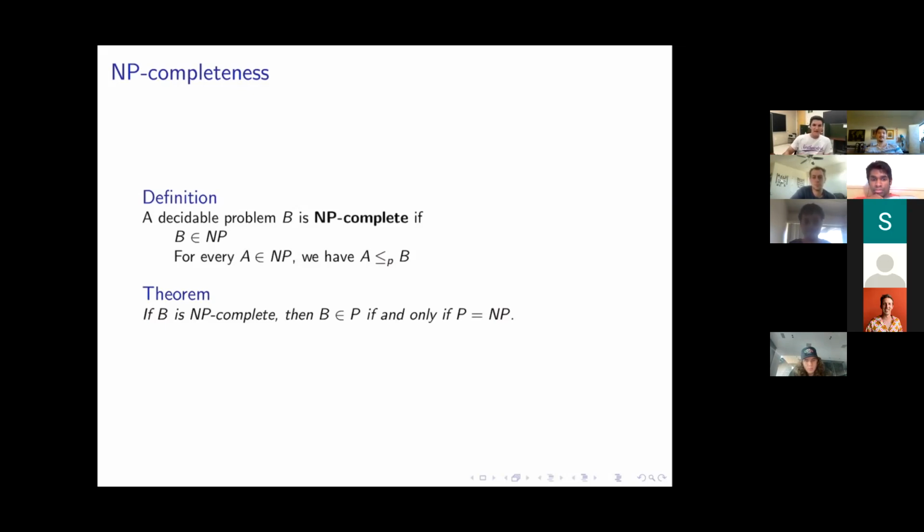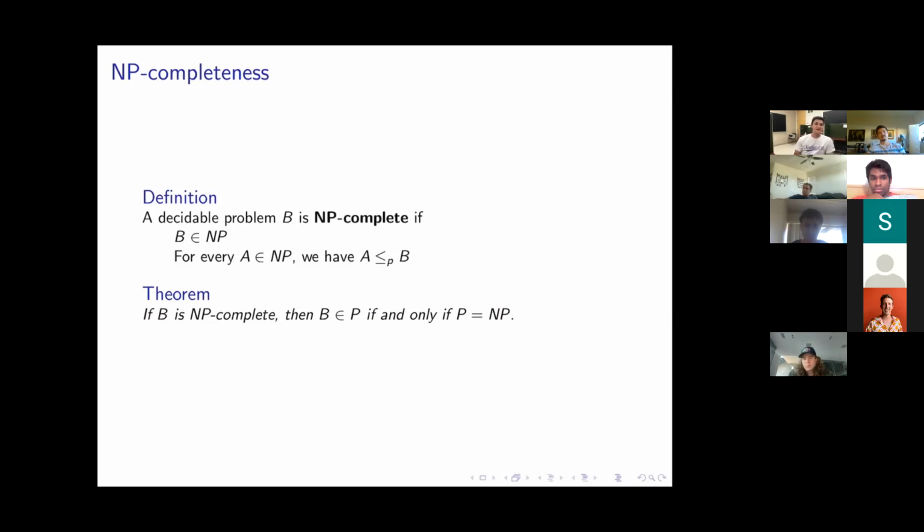Because again, if I have a reduction from any NP problem to B and I can solve B in polynomial time, then I polynomial time reduce to B and then polynomial time solve B. Composition of polynomials is polynomial. That gives a polynomial solution for A. And A was an arbitrary NP problem. So this shows that P is indeed NP.